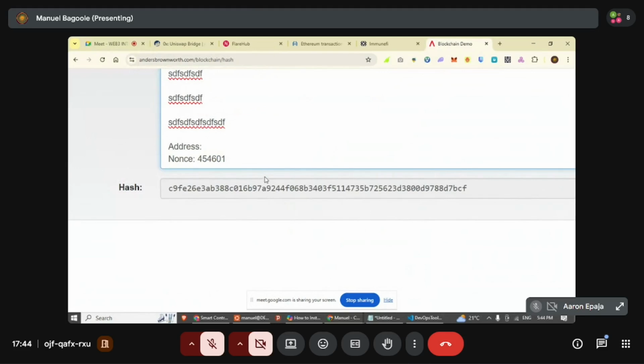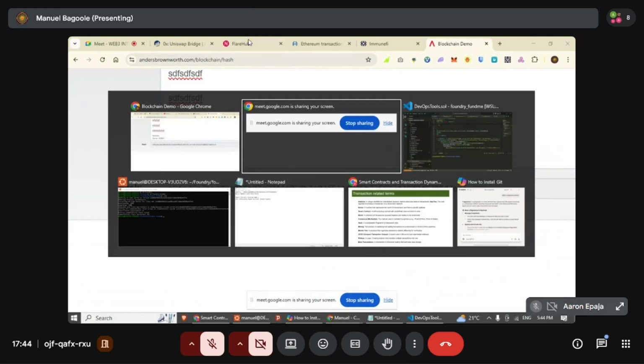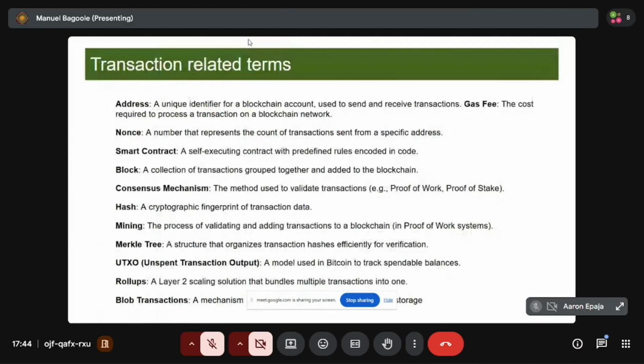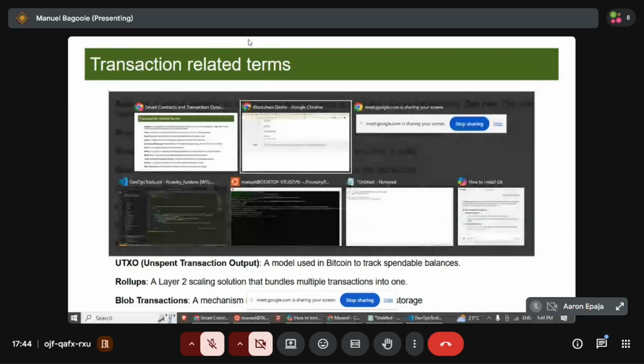Okay. So moving forward, I hope now we understand the difference between an address, a nonce, and a smart contract. So then a block is just a collection of transactions grouped together and added on the blockchain.